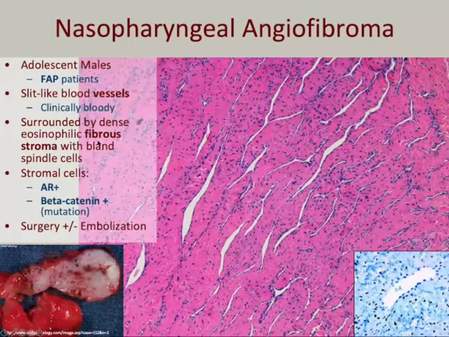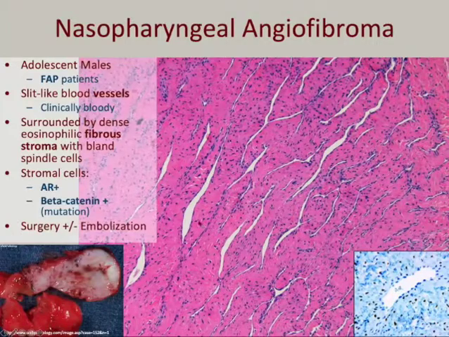Other mesenchymal type lesions in the sinus include nasopharyngeal angiofibroma, characteristically in adolescent males, occasionally in FAP patients, right? Whenever we have FAP, Gardner, always think about the beta-catenin Wnt signaling pathway. As their name suggests, angiofibromas have vessels and stromal fibrous tissue.